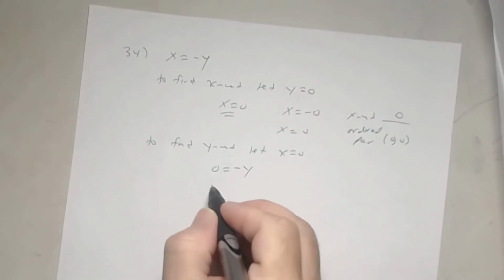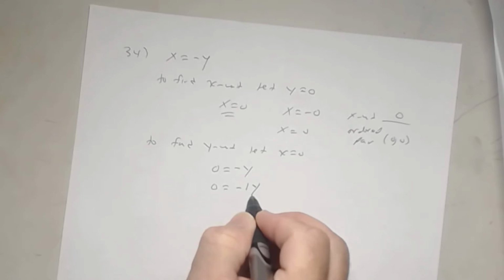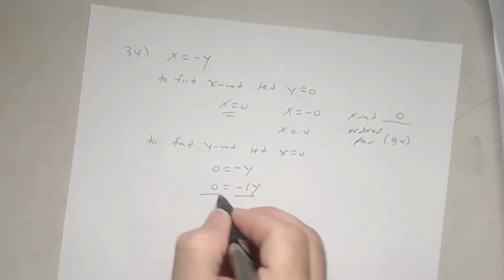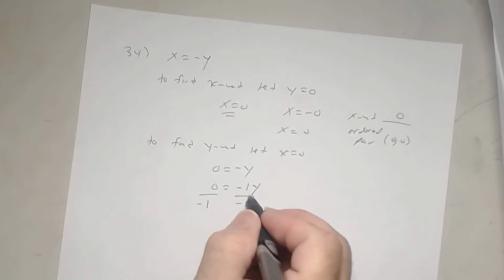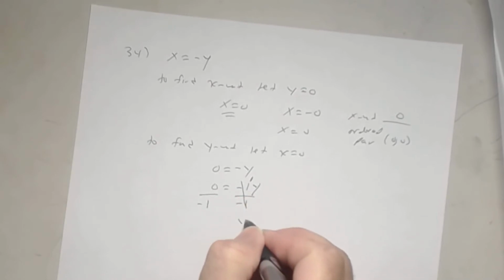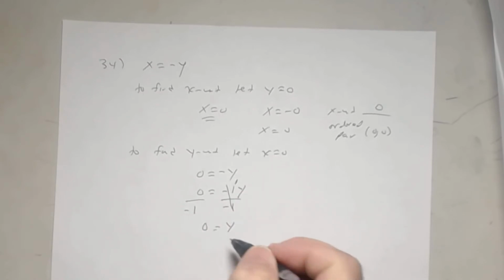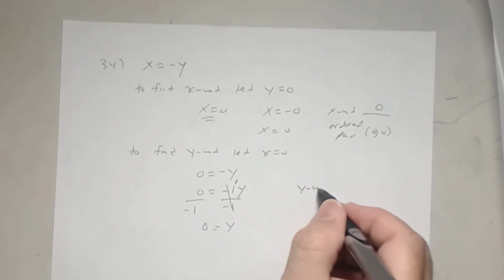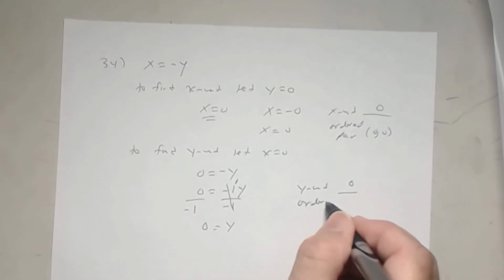Negative y is the same thing as negative 1 times y, and to get y by itself, you divide both sides by -1. -1 divided by -1 is 1, and 1 times y is y. And what's 0 divided by -1? 0. So my y-intercept is also 0. As an ordered pair, what is it?